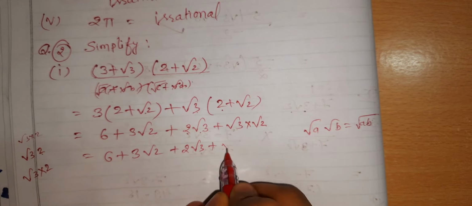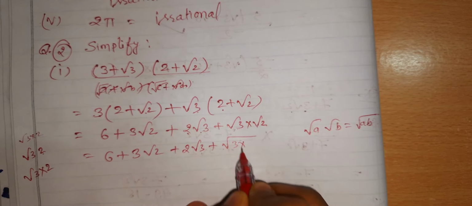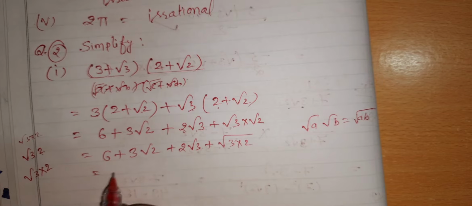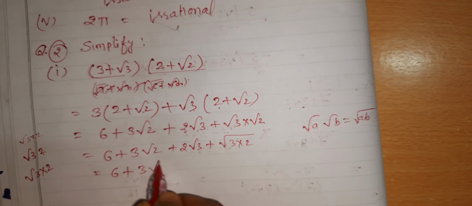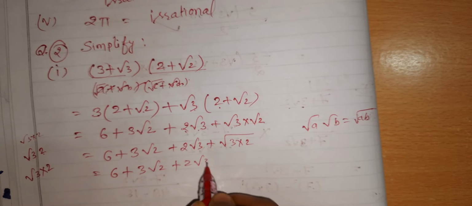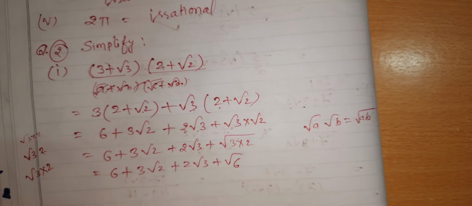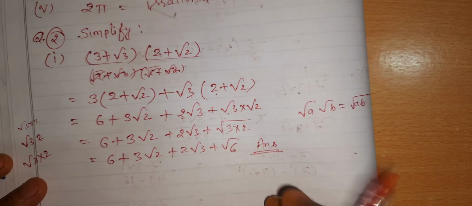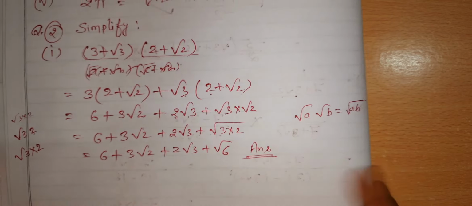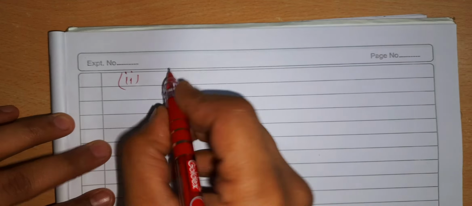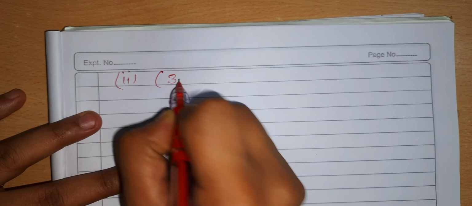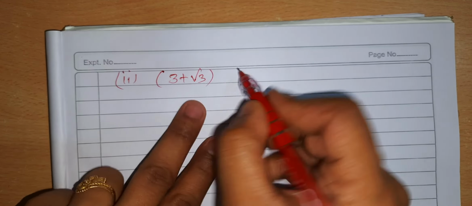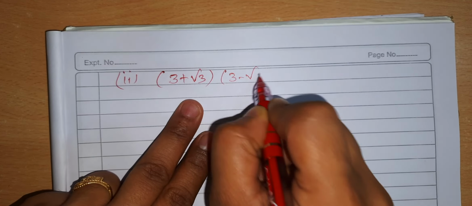Similarly, whole root of 3 multiplied by 2, which is 6. So 6 plus 3 root 2 plus 2 root 3 plus root 6. Okay, so this is the answer. Now the second one is 3 plus root 3 and 3 minus root 3.